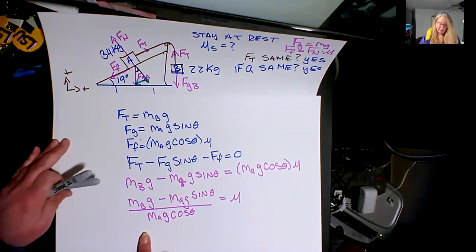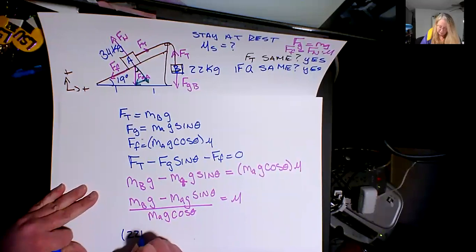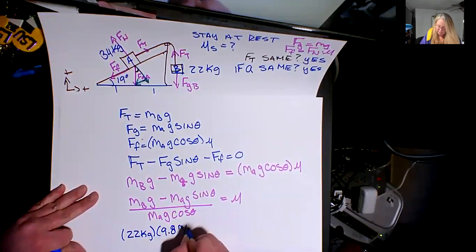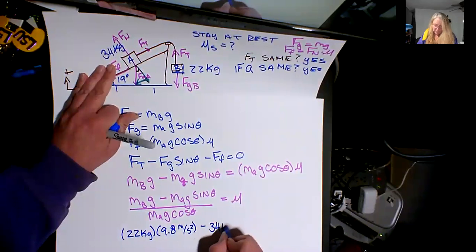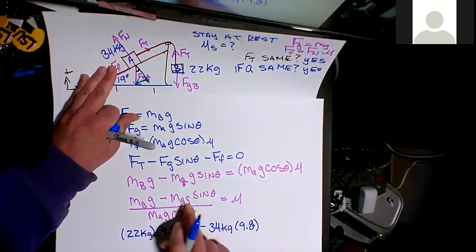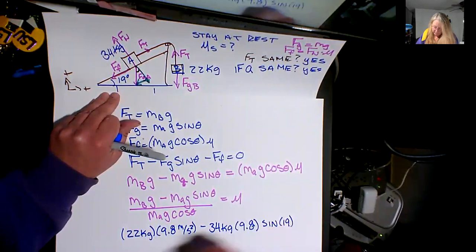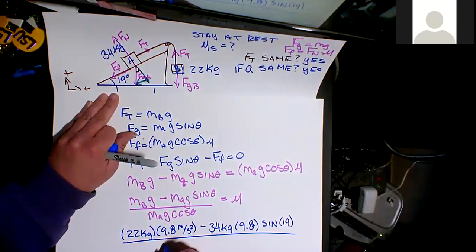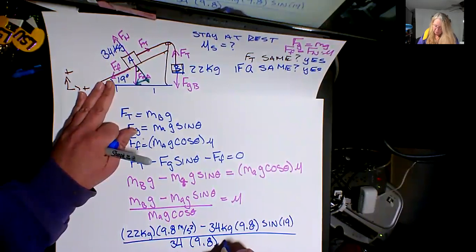So now I can put in my values. I have 22 kilograms times 9.8 meters per second squared minus mass A, 34 kilograms, times 9.8 times sine of 19, divided by mass A, 34 times 9.8 times cosine of 19.